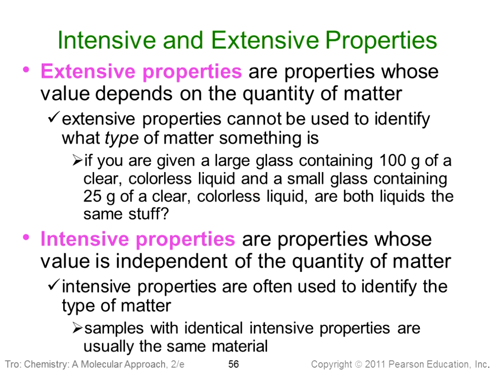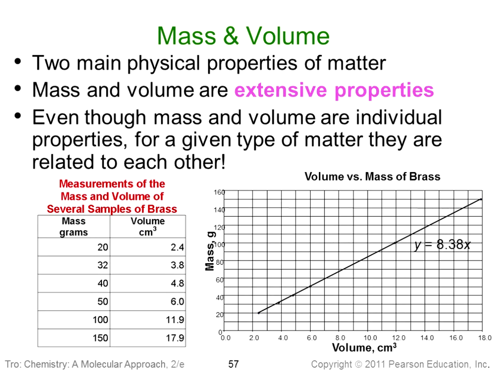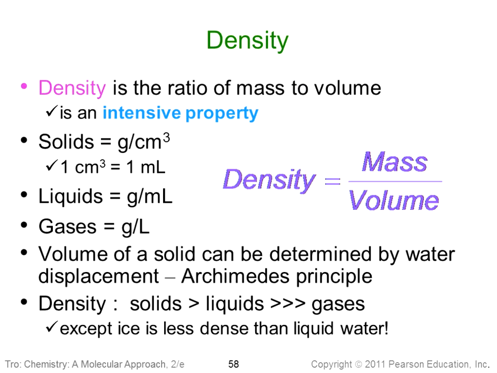An example will be the density. So mass and volume are extensive because they depend on how much you have. The density is intensive. Here's the definition of density that you need to memorize. Mass over volume. You can see the various units for density.